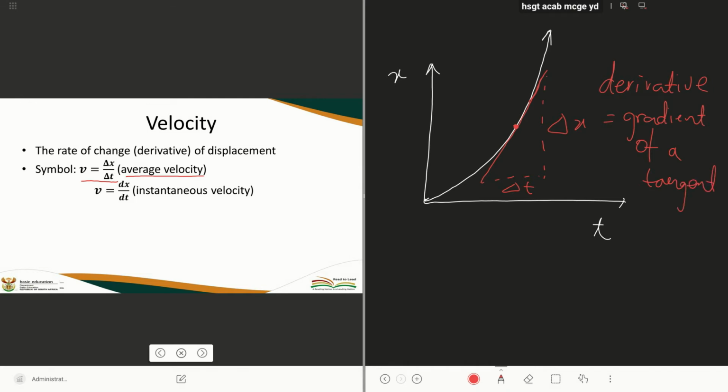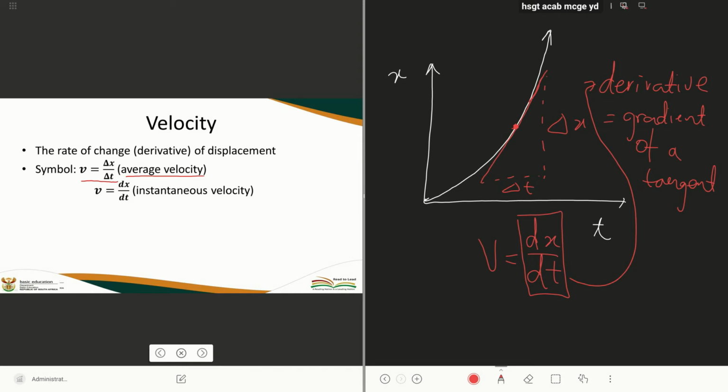So if we are saying that the gradient of this tangent is equal to the velocity of this object, it means that velocity in this question here can be expressed as dx/dt, and this dx/dt is the derivative.